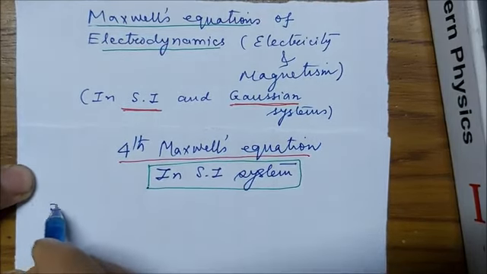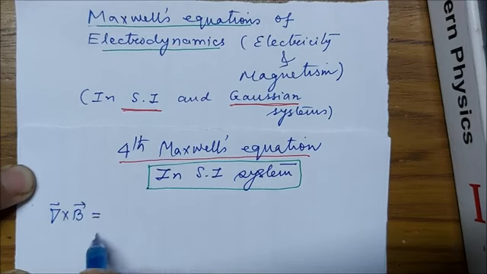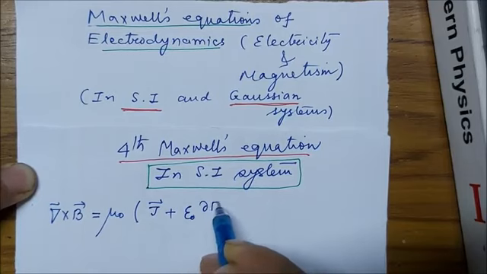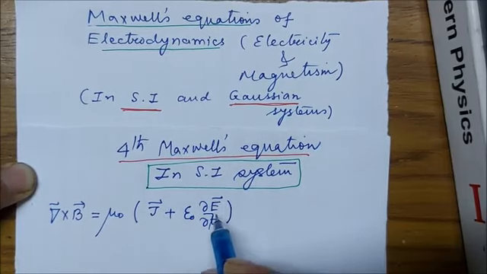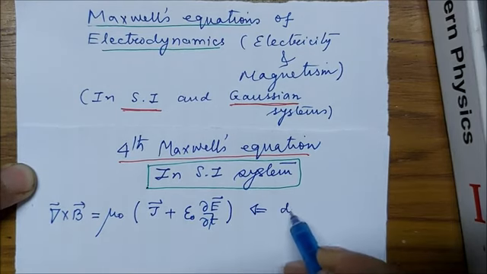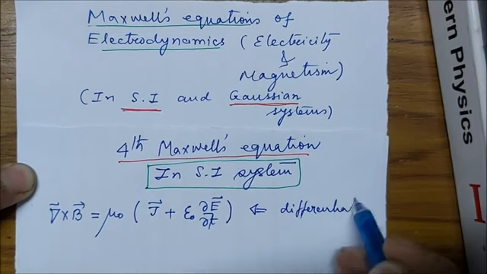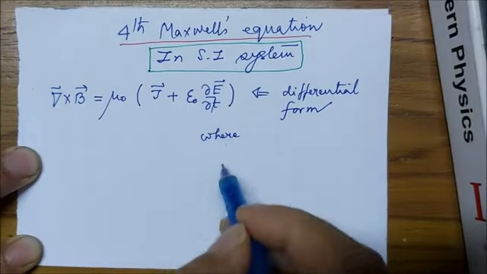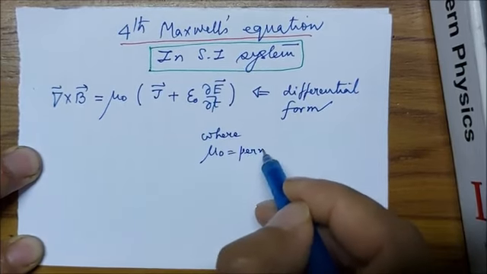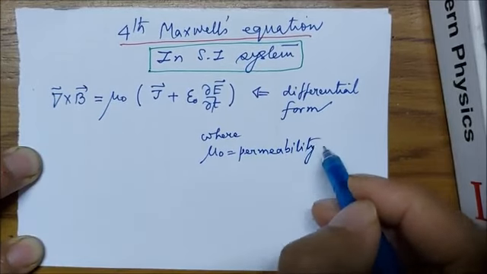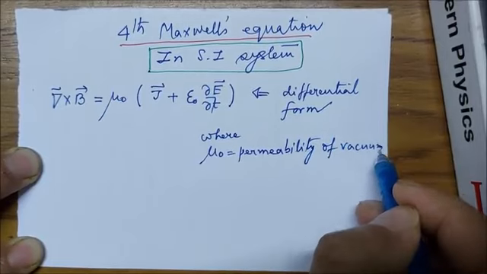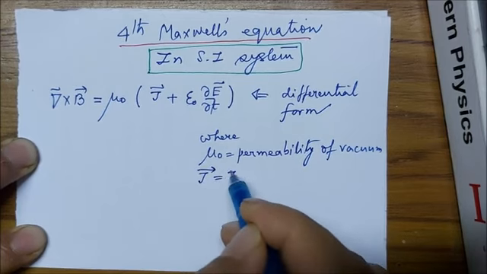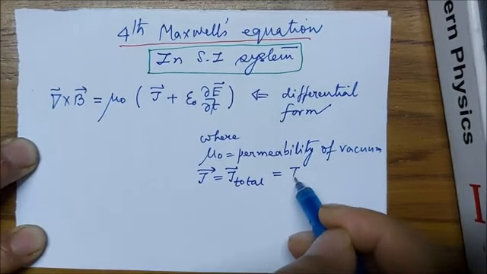The differential form is curl of magnetic induction B is mu 0 times vector J plus epsilon 0 del t of the electric field vector E. Where mu 0 is the permeability of vacuum and vector J represents, we can also call it J total, current density.